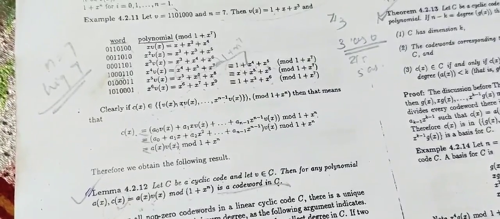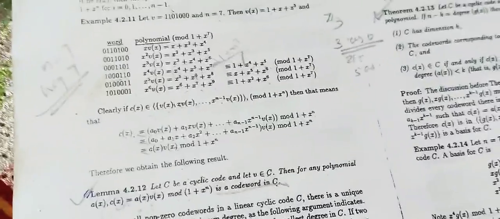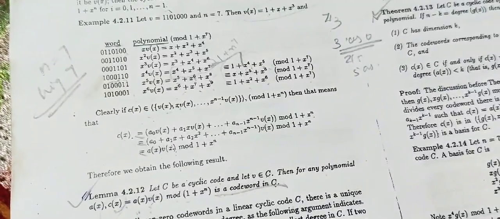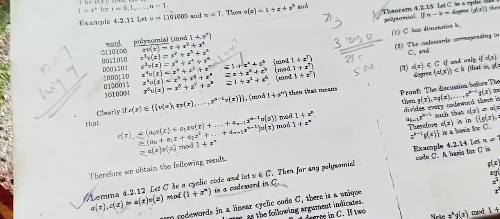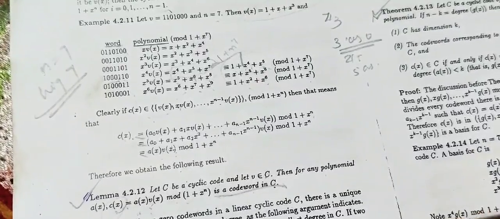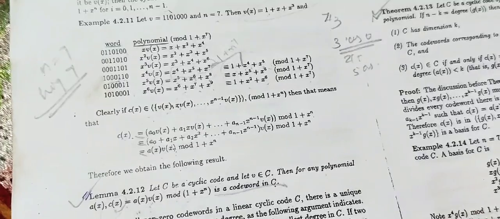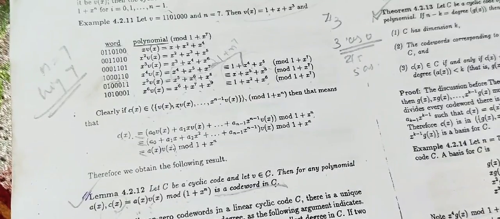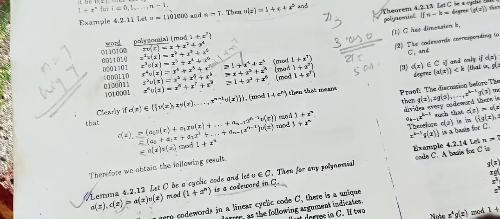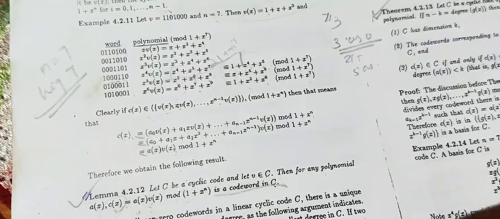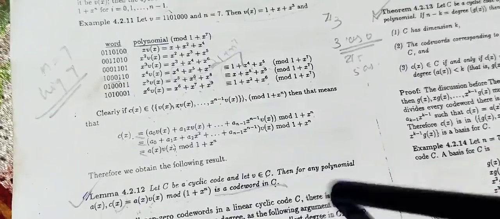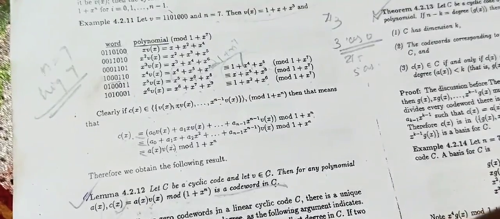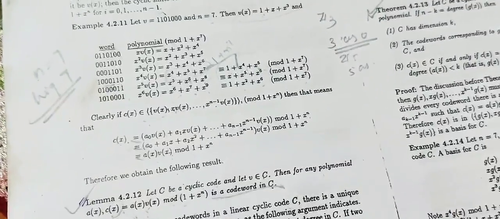Since g is the non-zero word of smallest degree, c(x) must have degree less than k. But g(x) is already of minimum degree, so c(x) must be 0. So g and g' are unique.